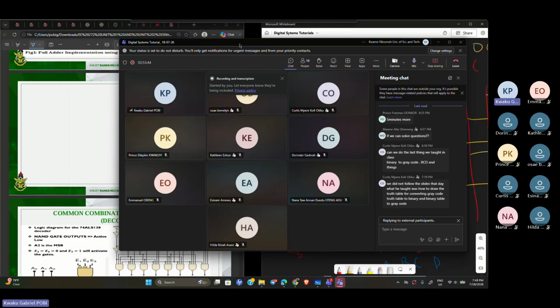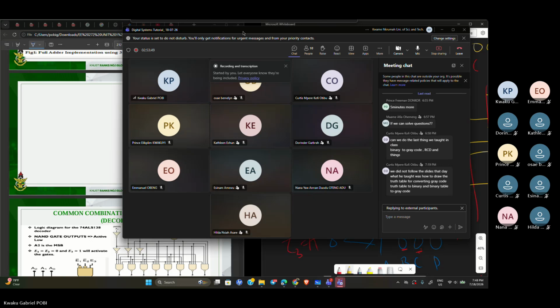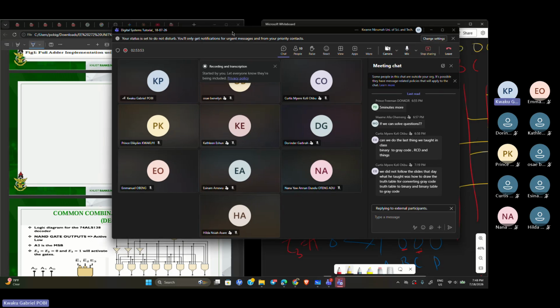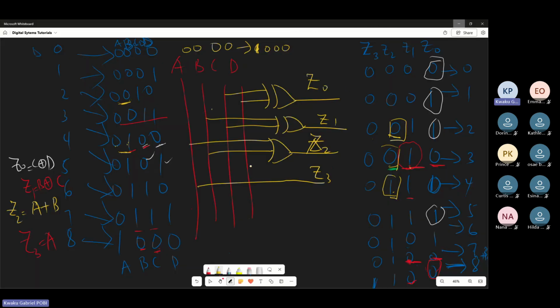Someone was saying we can solve questions. So actually now you can do BCD to gray code and gray code to BCD with ease. Gray code to BCD is just looking at the expression that you have. So let's say I come here.